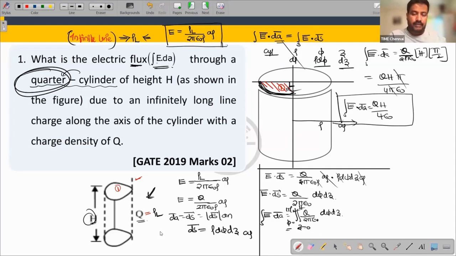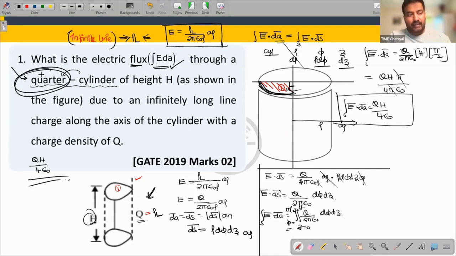So your answer, the value of this integral, is Q H by 4 epsilon naught. And the most important thing is to customize the limit of phi to 0 to pi by 2 because it is a quarter cylinder.